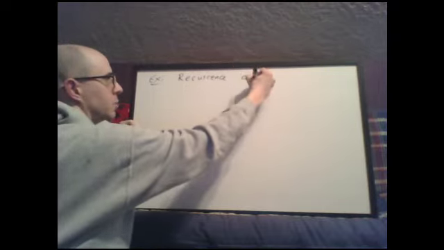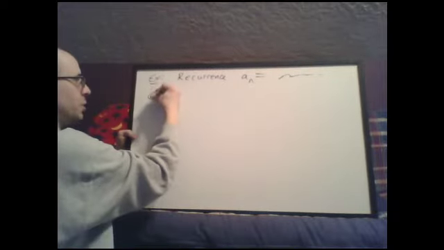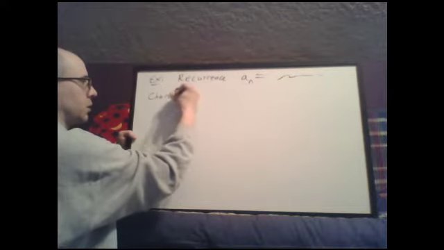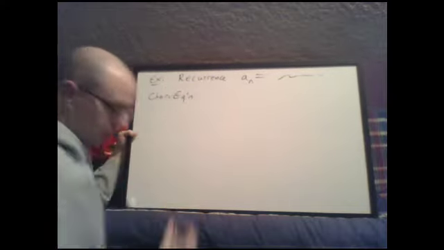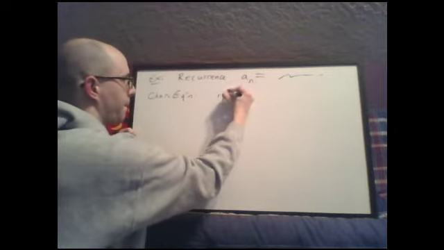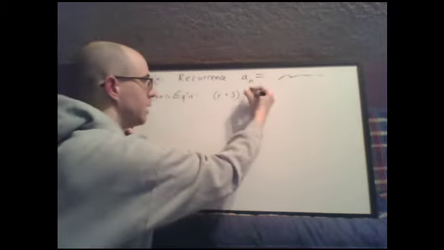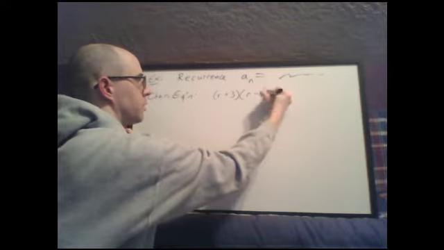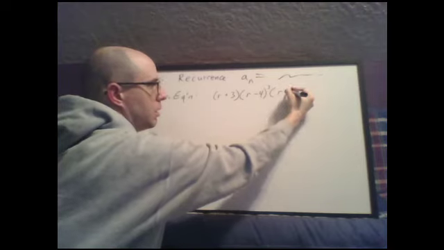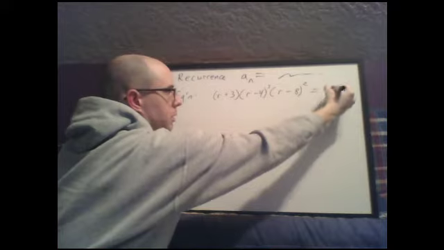Suppose we have some recurrence, a_n equals something, and say we know the characteristic equation so that we already have it factored for us. Suppose the characteristic equation factors as r plus 3 times r minus 4 to the third power times r minus 8 squared equals 0.